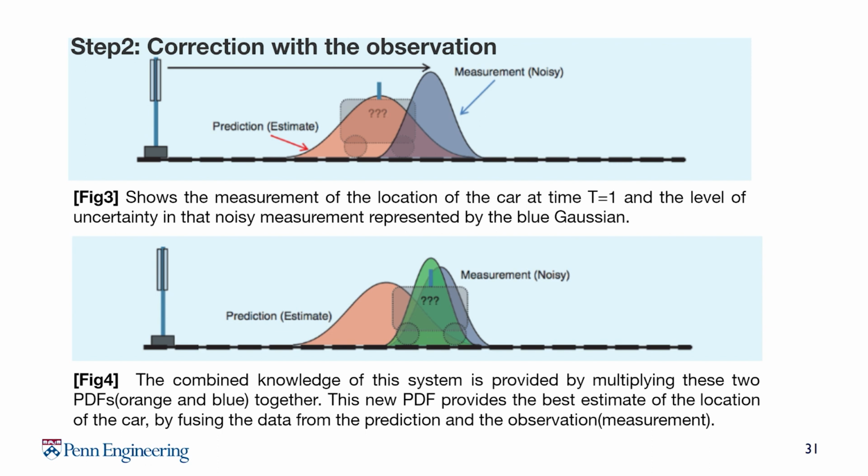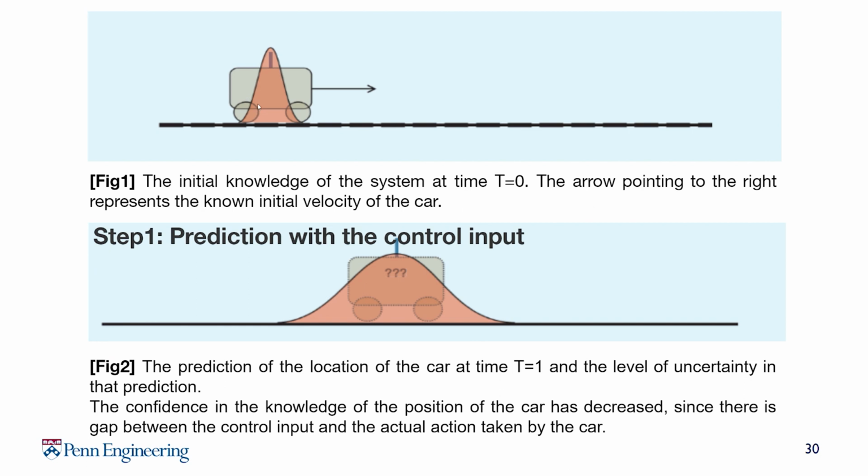So this is just one time step for the Bayes filter, and if the car keeps moving, then this green distribution here will be treated as the initial state, just as we did for the system at time t equals 0 here.